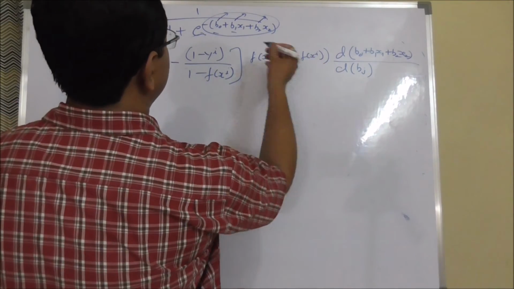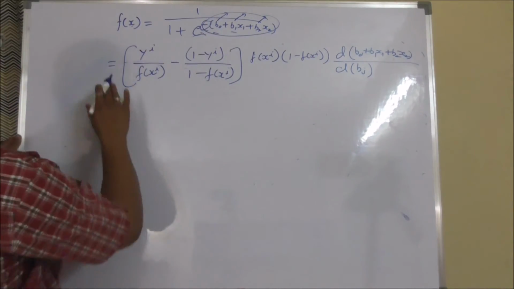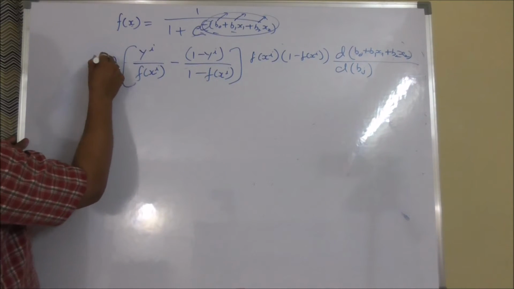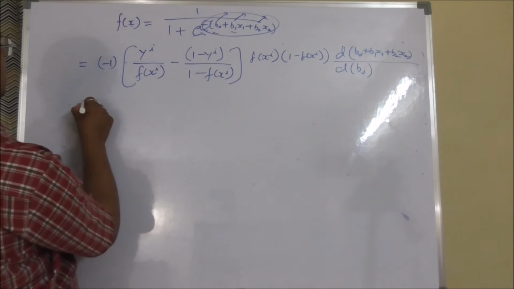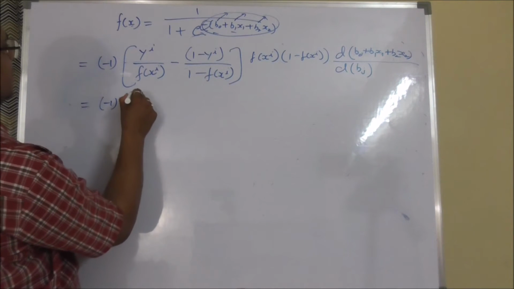Another thing is this part has a negative sign, so we will add a minus 1 here and multiply everything with minus 1.